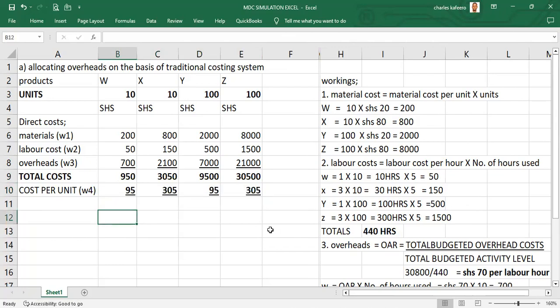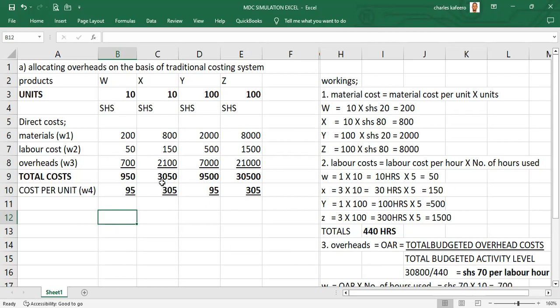So that's what they wanted us to compute in part A. Part B is just like the same way we've been doing. Since we are continuing with the question, it is the same question. All of these, we are going to bring them like the way we computed here. They are going to be the same.